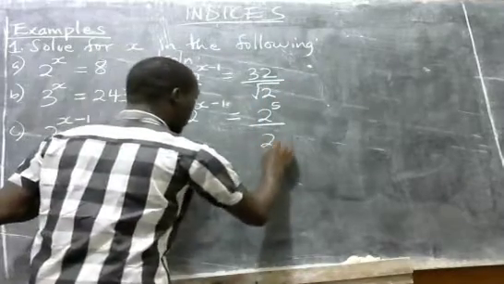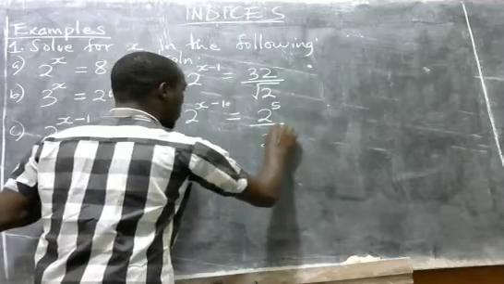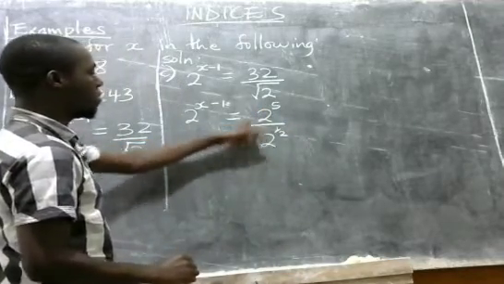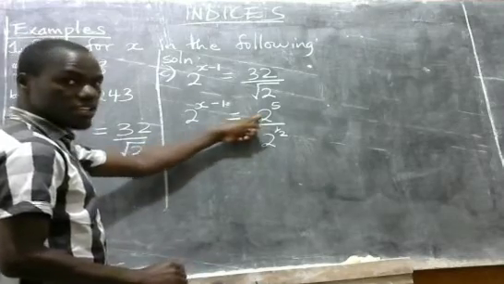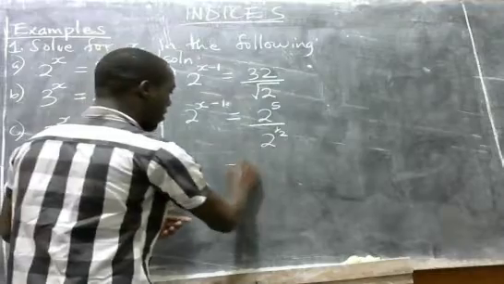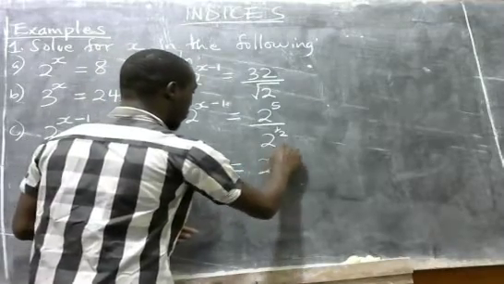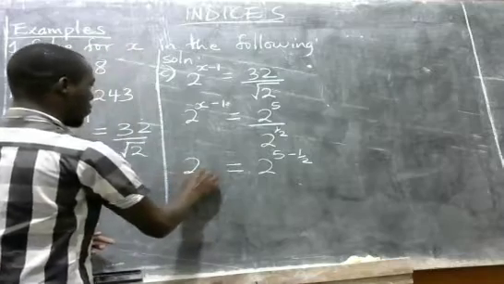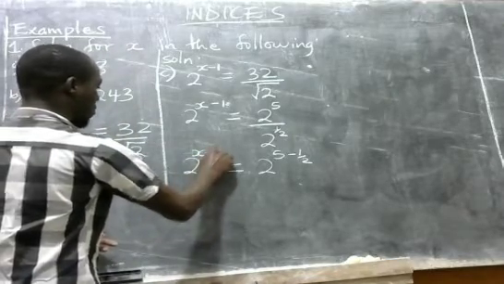In index form, that's 2 power a half. Now we have numbers of the same base dividing each other, so we keep the base, then subtract the powers. The base is 2, and 5 minus a half is equivalent to 2 power x minus 1.